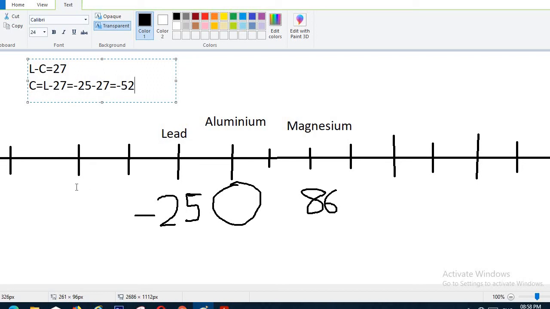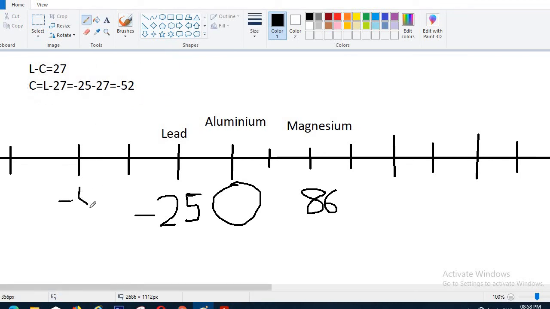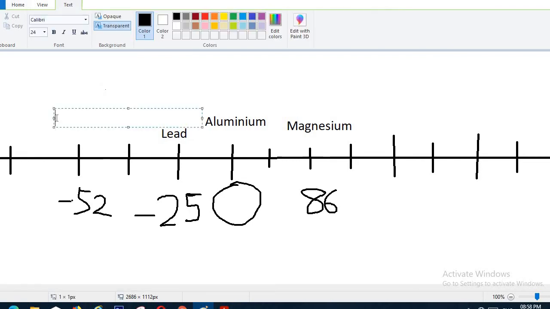This will be minus 52. So I will go here and suppose that this is minus 52, and this will be copper.